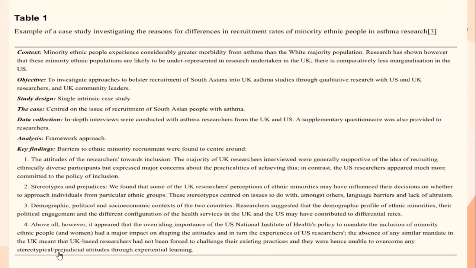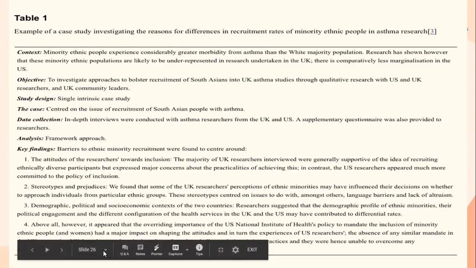The study design is a single intrinsic case study, and for data collection, in-depth interviews were conducted with asthma researchers from the UK and US. The analysis is a framework approach. So this is basically an example of a case study.